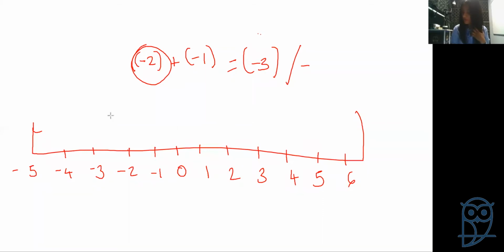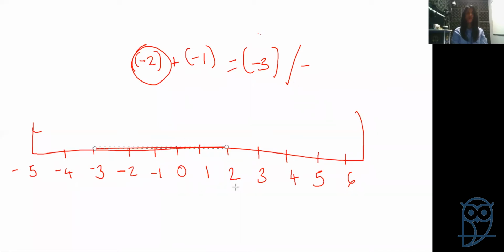Okay, if my number was +2 plus -5, I would jump which way? +2 plus -5. I'm going to go 1, 2, 3, 4, 5. And my answer would be -3.